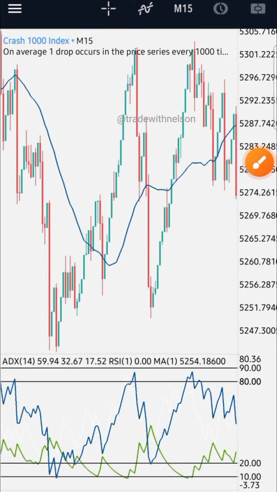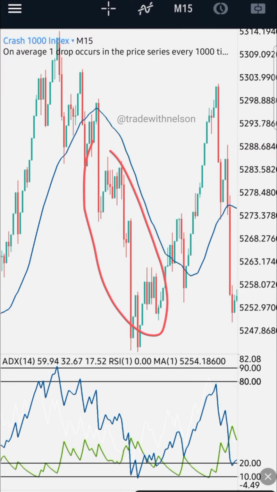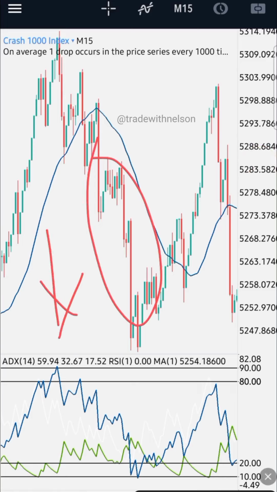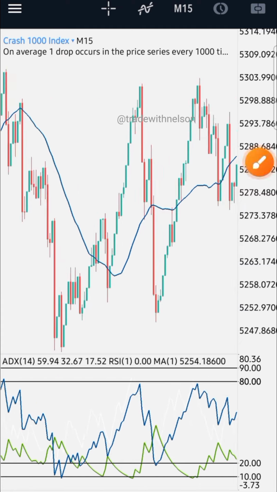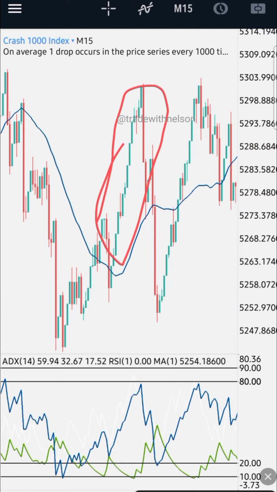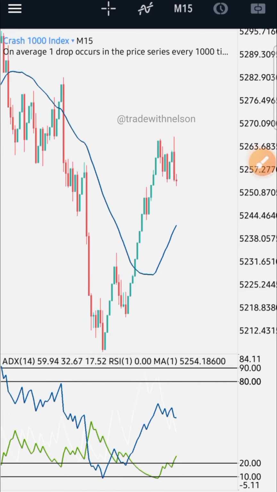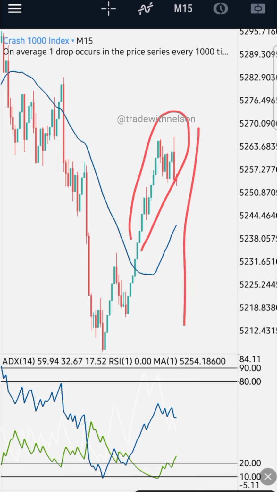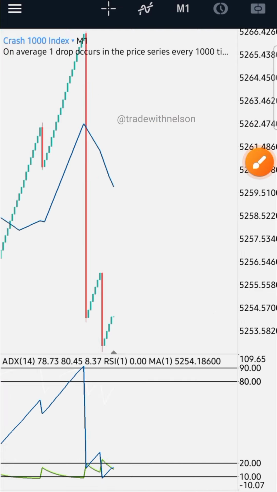Below the moving average, which indicates that the market is selling, is when we are trying to avoid the market, because it is showing us that the market will spike more than it retraces. But here it is retracing more than you see a spike. The first thing you want to know is that the market is in an uptrend. As you can see in the current market, this is a very good condition for us to buy the Crash market. So we go to our 1 minute chart.